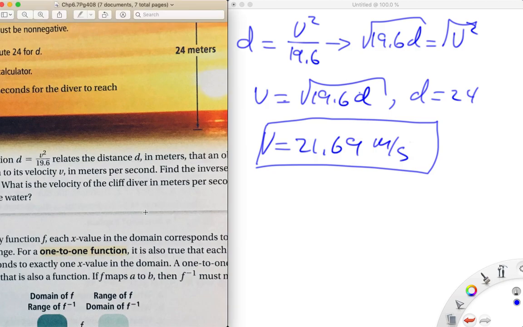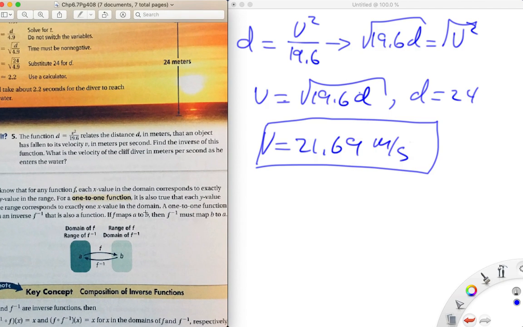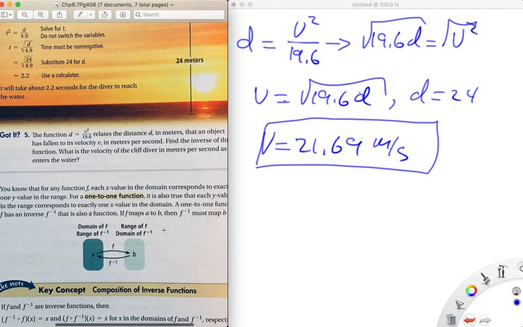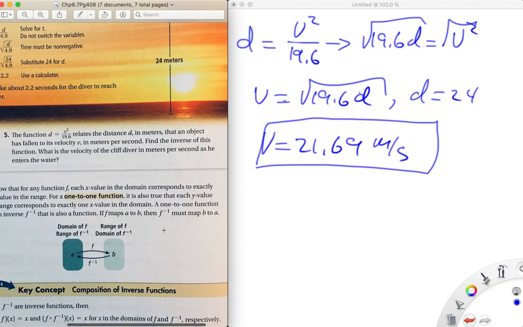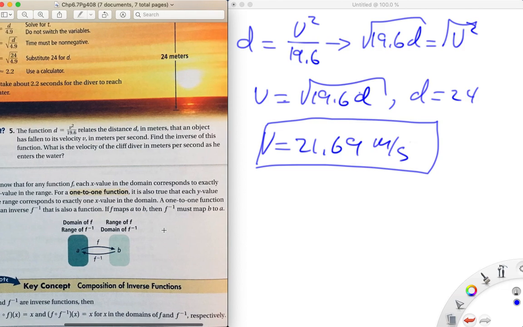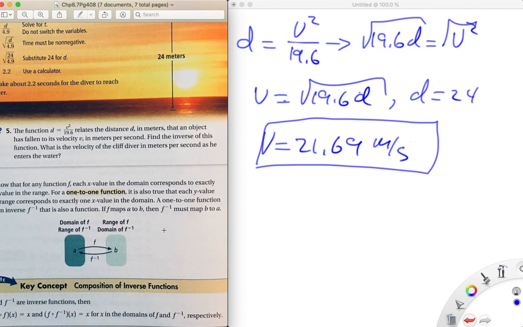One-to-one function. This says that if something is one-to-one, every value of y in the range corresponds to exactly one x value of the domain. A one-to-one function has an inverse that maps from a to b, and then f inverse must map from b to a.